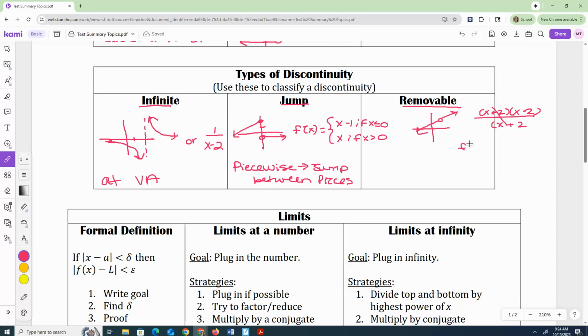Or it even happened on the piecewise, when one piece is not equal to, and one piece is equal to. Sorry, I kind of ran out of space there. Can you tell what I was trying to say? So if the pieces aren't less than or greater than, but if they're equal and not equal. So it's anytime you have a hole in the graph.